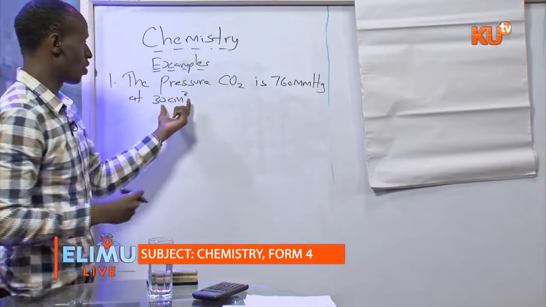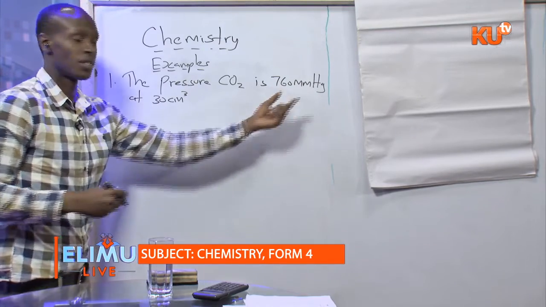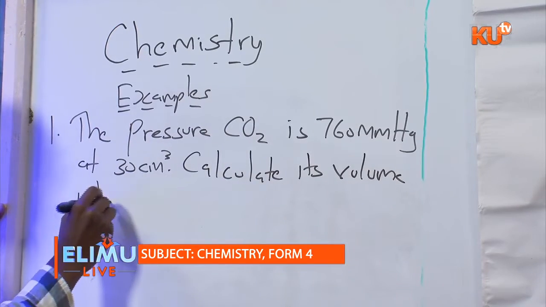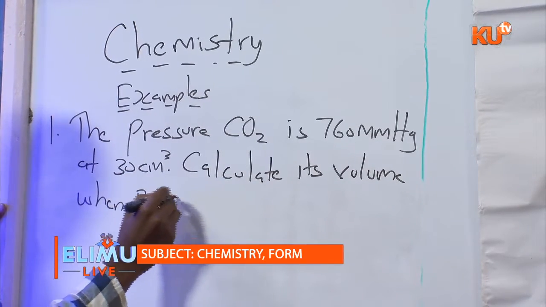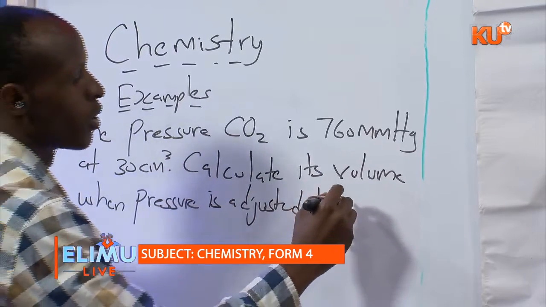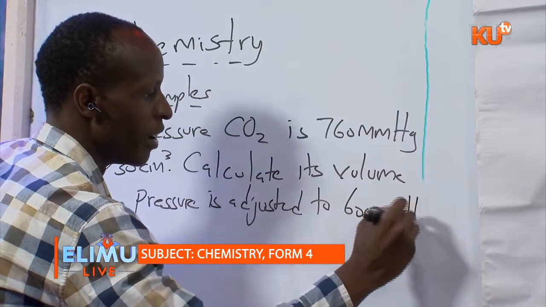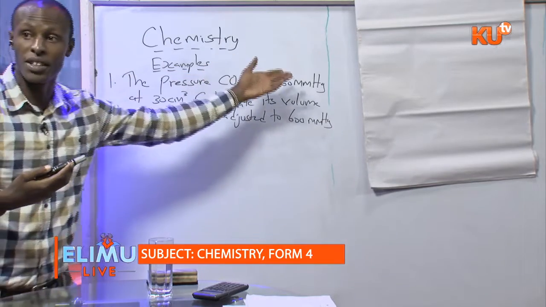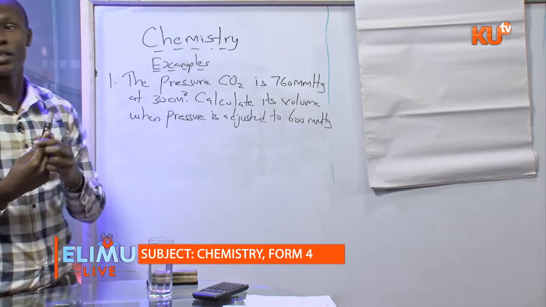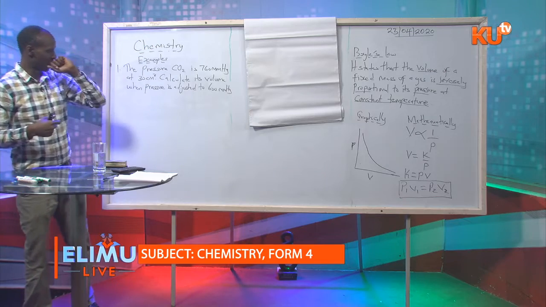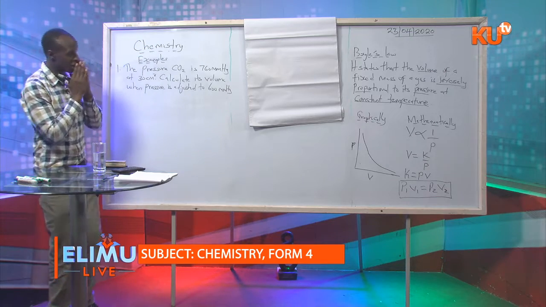Calculate its volume when pressure is adjusted to 600 mmHg. So that's the question you have been given. The pressure of CO2 is 760 mmHg at 30 centimeter cubed, which tells you its volume. Calculate its volume when pressure is adjusted to 600 mmHg.